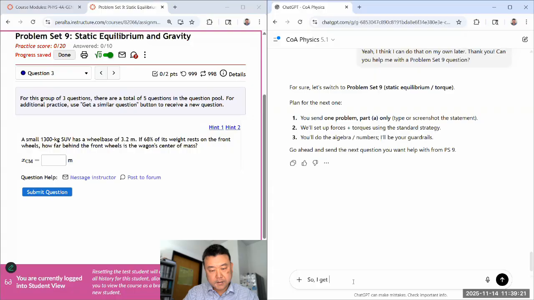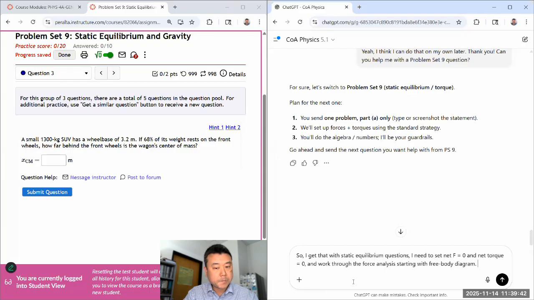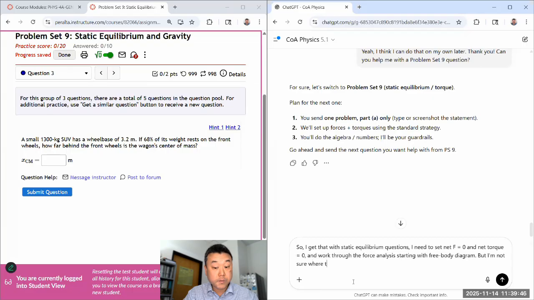I get that with the static equilibrium questions, I need to set net force equal to 0 and net torque equal to 0 and work through the force analysis starting with the free body diagram. But I'm not sure where to start with this question.